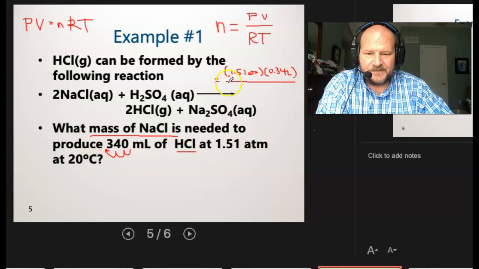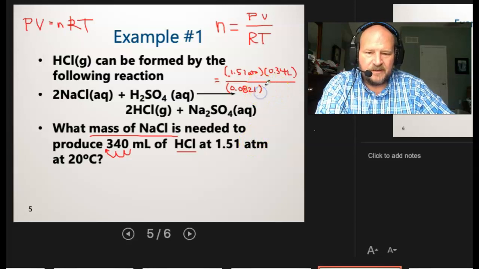We're in atmospheres, which means we're going to use the 0.0821. Now remember, that's based on the atmospheres. I'm not going to write out all those units. I just said I was struggling for space here. It's also Kelvin, so I'm going to have to add 273 to that. So this is going to be 293 Kelvin.